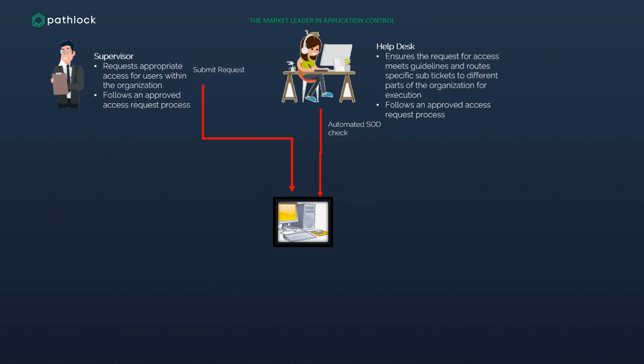That path of least resistance means that someone is doing exactly that, copying Bob, Dave, or Mary's profile and sticking it on your system, which gives you inherently lots of additional application access potentially that you don't need, or combines your system with it. So that automated SOD check, that's what we're talking about today, as far as what you get when you bring our products on and work with our product system.